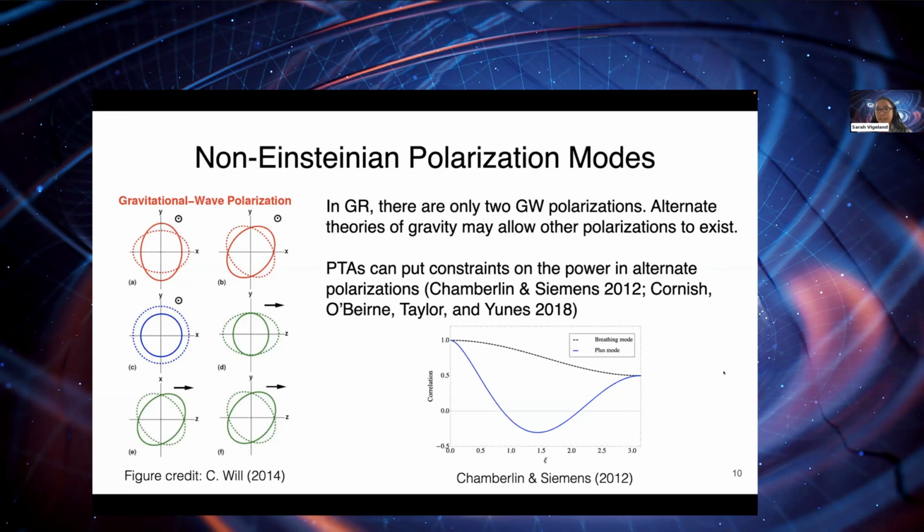So you would get a correlation pattern that's different from the Hellings and Downs curve. So this is a way that pulsar timing arrays can put constraints on alternative theories of gravity, or possibly find evidence for alternative theories of gravity, by looking at the correlation pattern and seeing whether it is indeed Hellings and Downs or whether there is a sign of a pattern induced by one of these other modes.